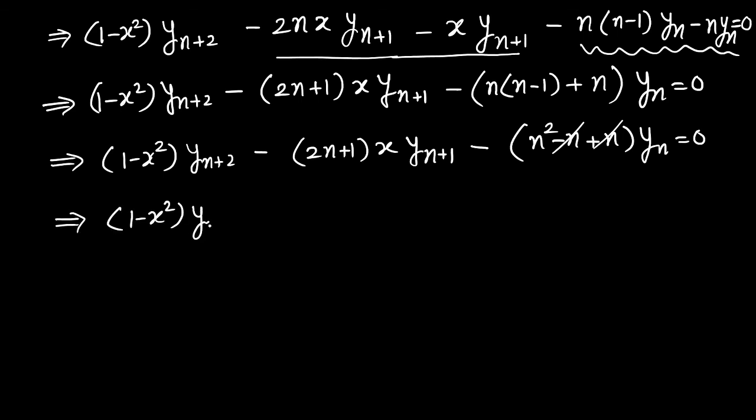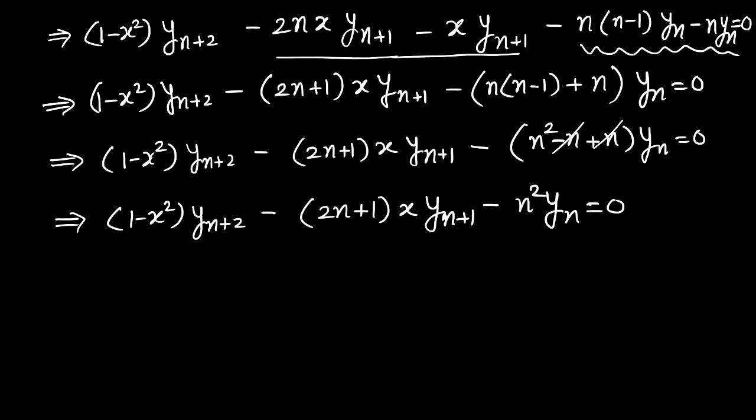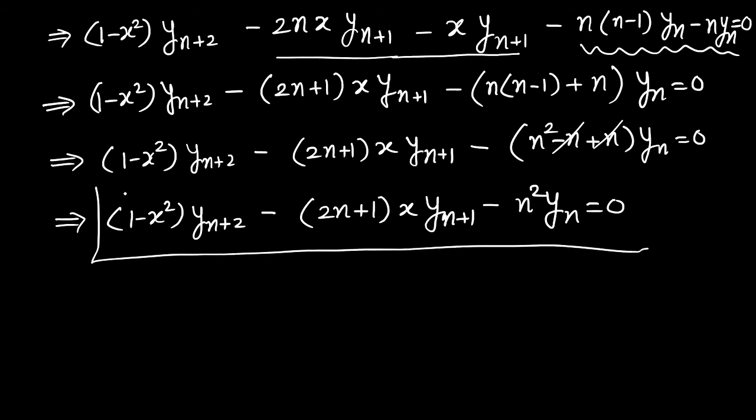Here: 1 minus x square yn plus 2 minus 2 into n plus 1 into x yn plus 1 minus n square yn equals 0. This is the second required result.